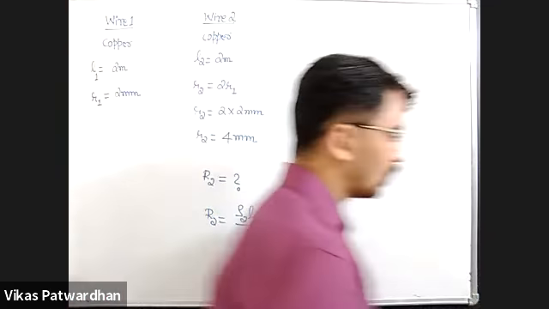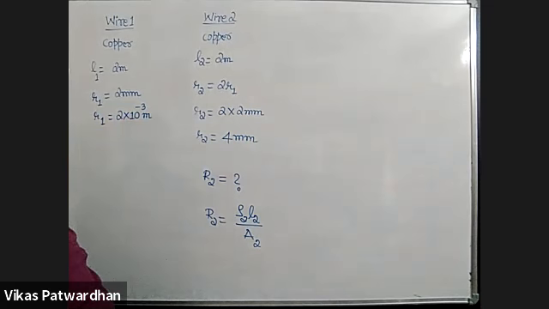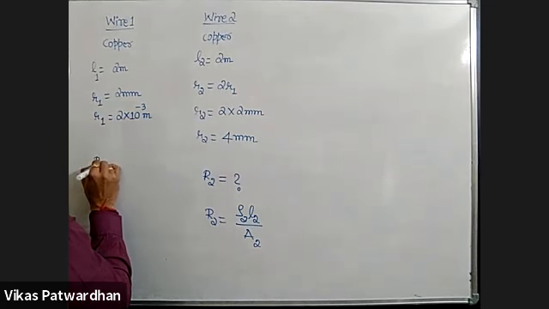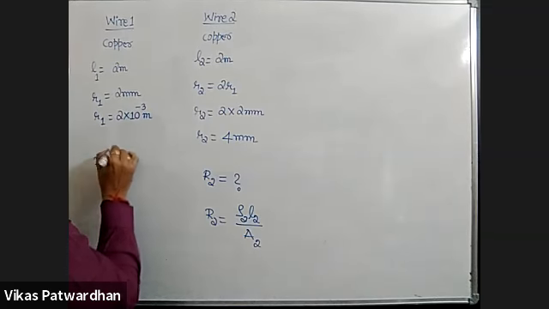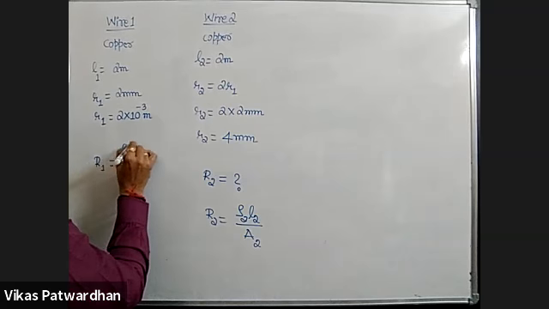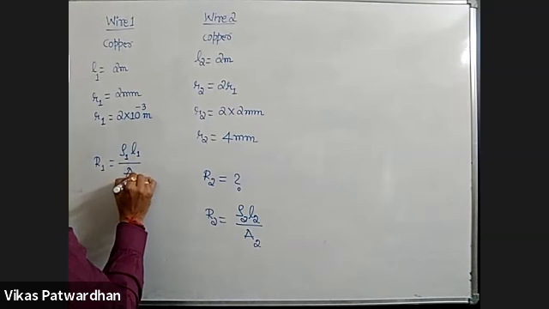You cannot solve this. No, I can solve this. How? Come back to this. Here, first, R1 is equal to 2 into 10 to the power of minus 3 meters. Next, the formula: R1 is equal to rho 1 L1 divided by A1.